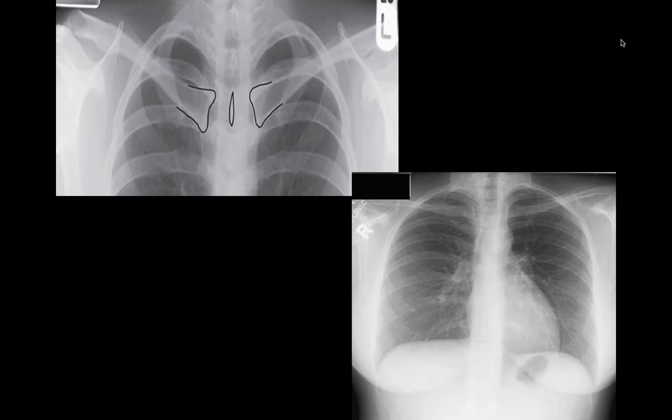You see the spinous processes here and the medial ends of the clavicles, and the distances from the spinous process to the medial ends of the clavicles are almost equal. If the distances are equal, then you can say the patient is centered well, or the position is quite okay.